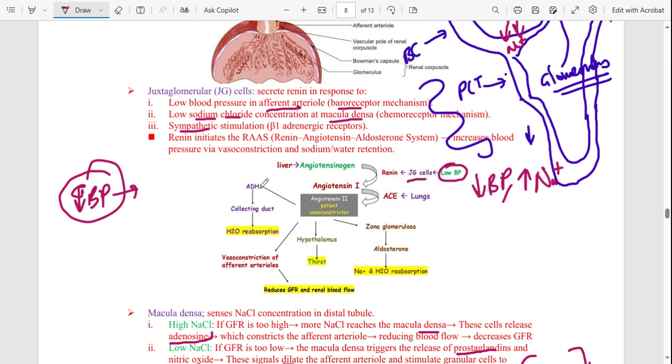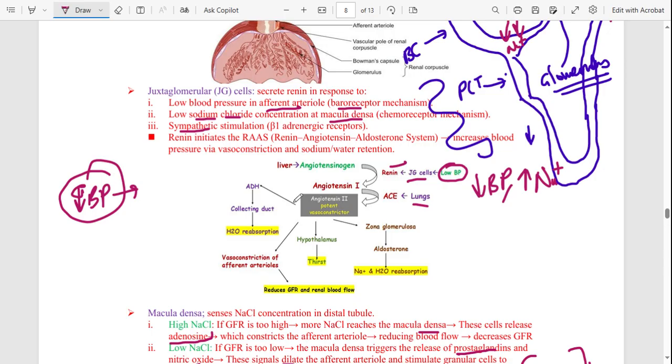The liver produces a hormone called angiotensinogen. This renin is now going to convert that angiotensinogen into angiotensin 1. The lungs will produce what we call angiotensin converting enzyme, which is going to convert angiotensin 1 into angiotensin 2, which is a potent vasoconstrictor.